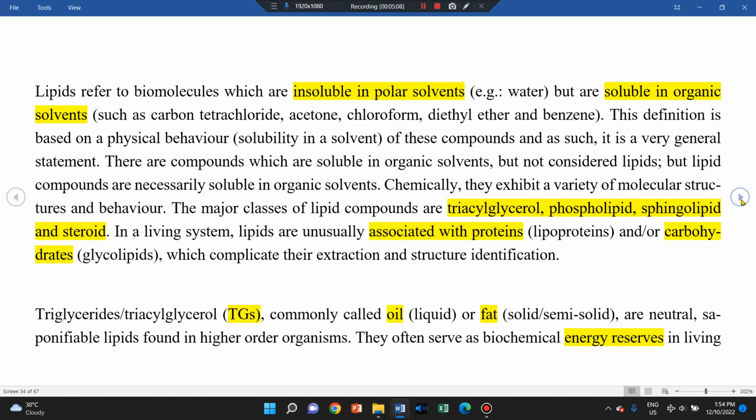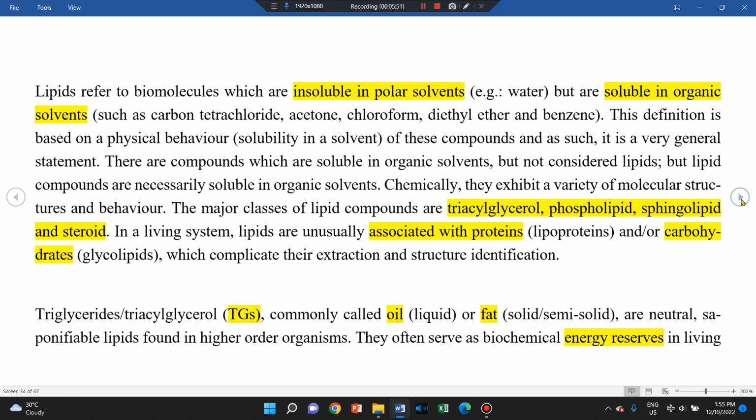In terms of their components, they can be divided as triacylglycerol. You know what is triacylglycerol? TAG or TG, and it involves having the glycerol backbone attached with three fatty acids of different length and unsaturation. You also have phospholipid, still having the glycerol backbone, having one or two fatty acids, additionally attached with a negatively charged phosphate, and the X group could be serine or ethanolamine as an example.